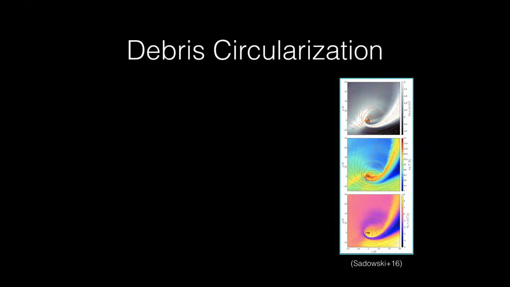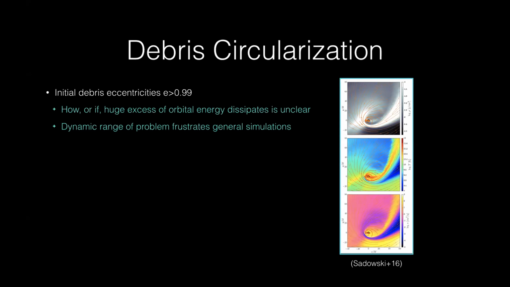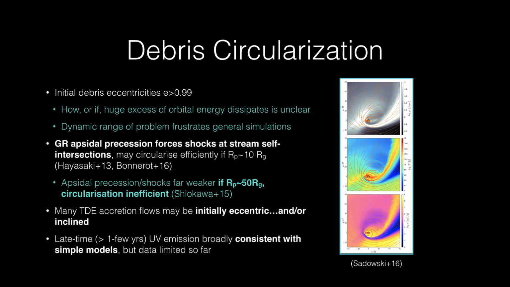Okay. In the interest of time, I will go a little quickly through the next couple of slides. Essentially, as Yair said, the TDEs that we observe with spectral peaks in the near or far ultraviolet look very different from the simple theoretical predictions of a bare accretion disk.